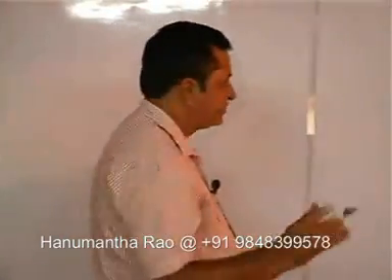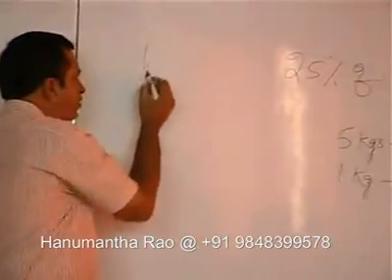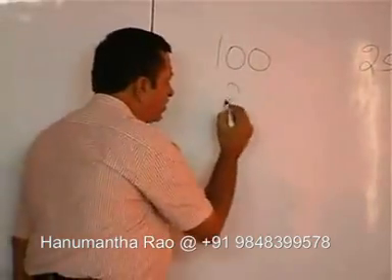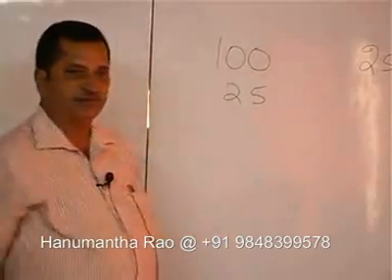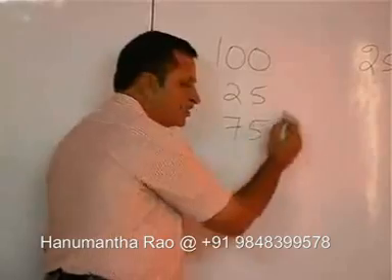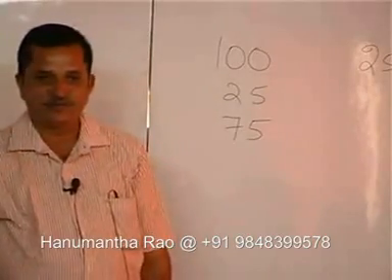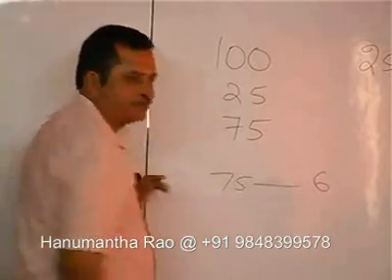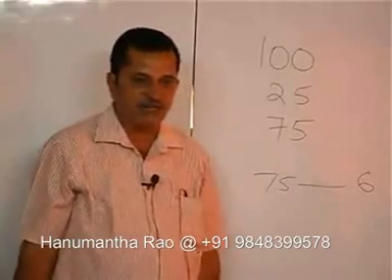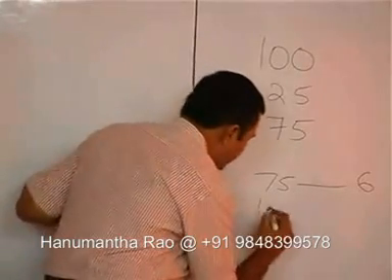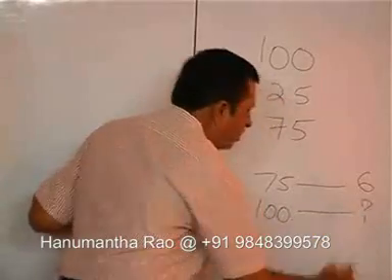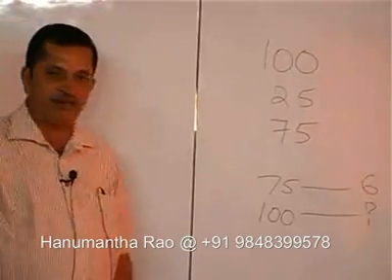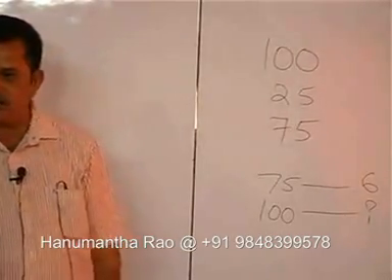What happened is, that day, for a 100 rupees article, a 25% discount is given. We bought at the rate of 75. Understand? So 75 is equal to 6 rupees. 75 is equal to 6 rupees means 100 will be equal to how much?